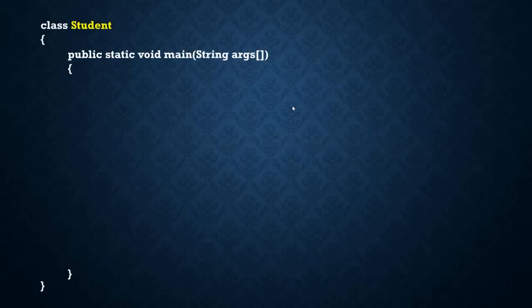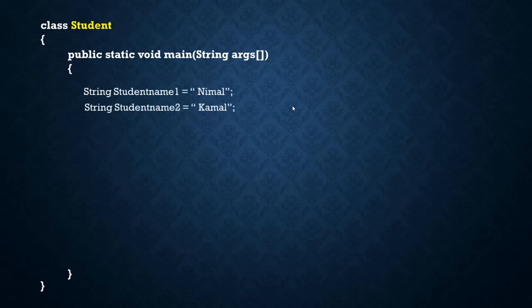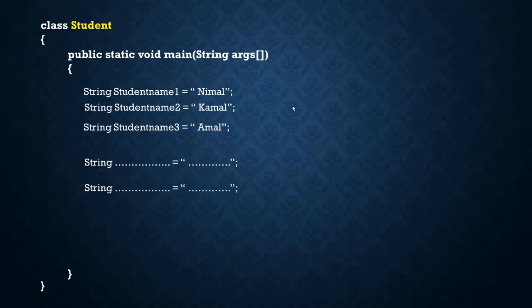Same as my previous example, I'm creating a small Java class and main method, and then one by one I'm creating variables. String student name 1, string student name 2, string student name 3, and finally I'm creating a 20th variable. So what happened? In your main method, you have 20 lines.